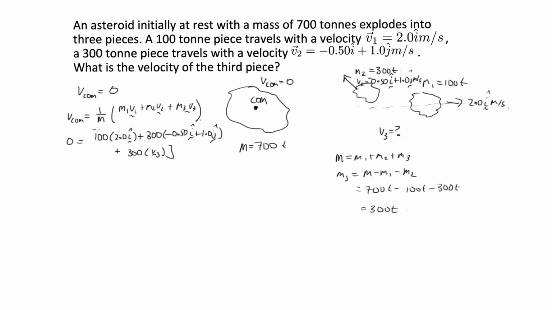And this is divided by 700 is equal to 0. But I can multiply both sides by 700 to get rid of that, and it still doesn't change 0. 0 times 700 is still 0.